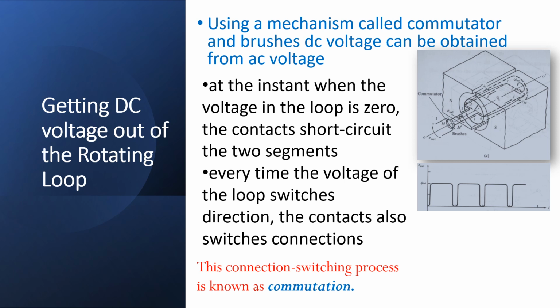Using a mechanism called commutator and brushes, we can obtain DC voltage from the AC voltage. At the instant when the voltage in a loop is zero, the contact short circuits the two segments. Every time the voltage of the loop switches direction, the contacts also switch direction, and this process of connection switching is called commutation.